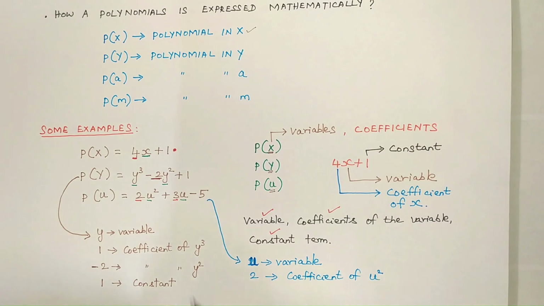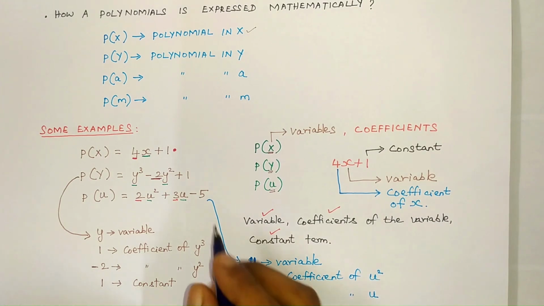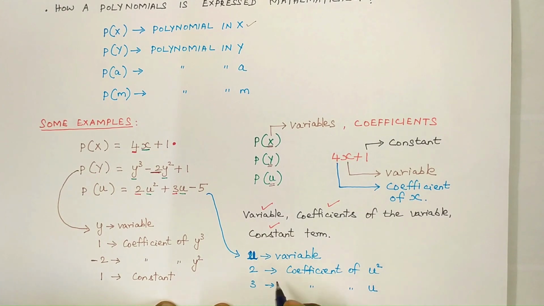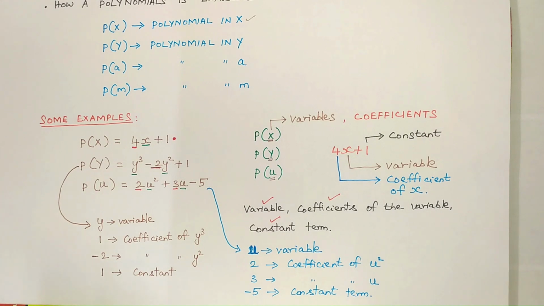And 3 is the coefficient of u, and which is the constant term? Minus 5 is the constant term. So this is how we express a polynomial. A polynomial will have a variable, coefficient and a constant term. Okay, fine.